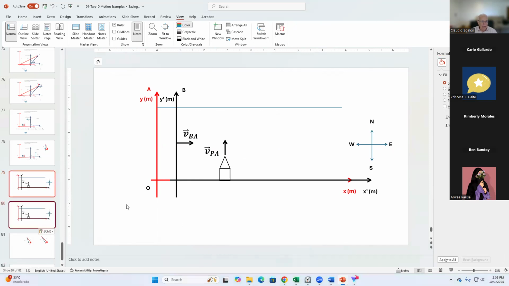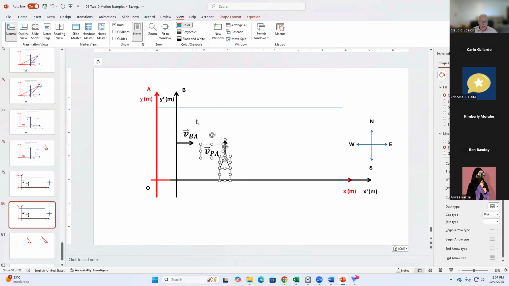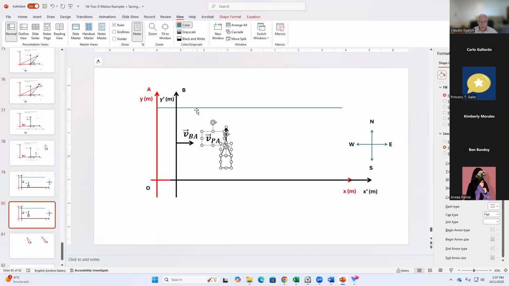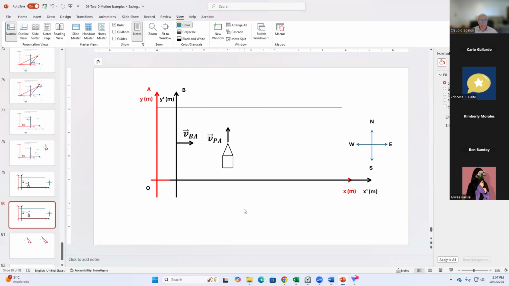A little bit later, this boat is going to be a little bit towards the center of the river, but it's also going to be dragged downstream. Downstream is to the right, upstream is to the left. So if initially the boat is here, a little bit later it's going to be here.